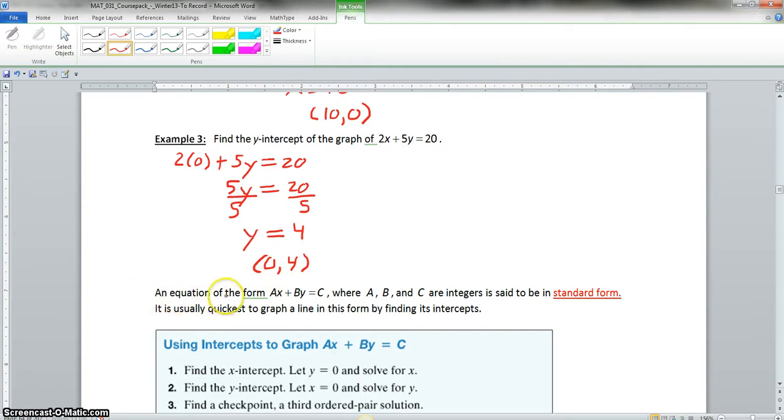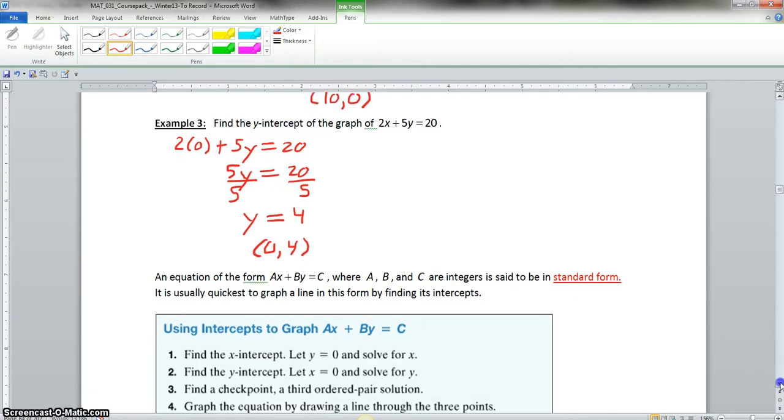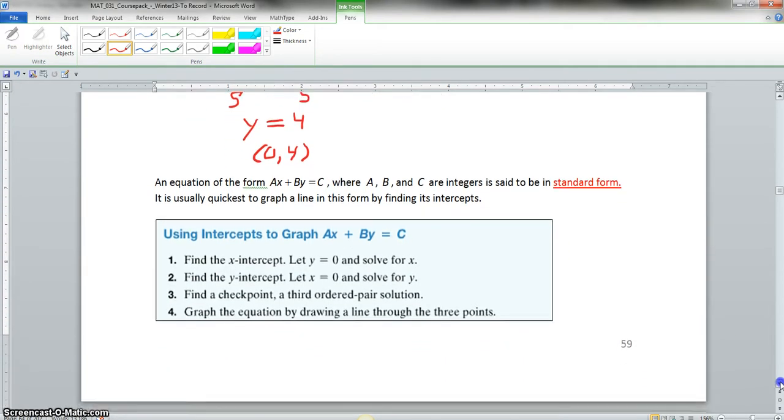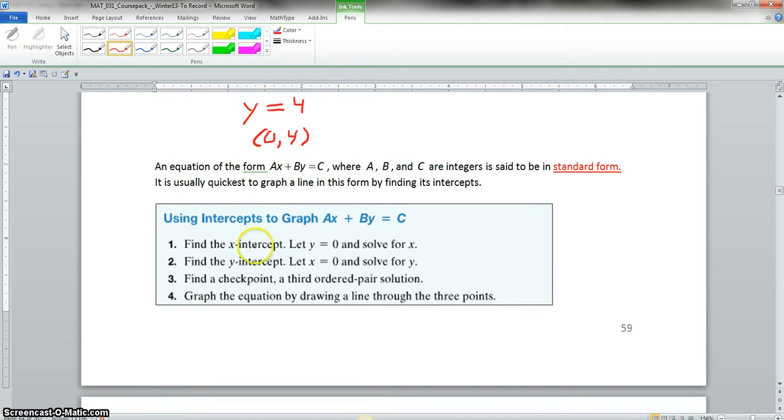Now it says an equation of the form ax plus by equals c, where a, b, and c are integers, is said to be in standard form. It is usually quickest to graph a line in this form by finding its intercepts. So now it says use intercepts to graph ax plus by equals c. First we find the x-intercept, let y equal 0 and solve for x.